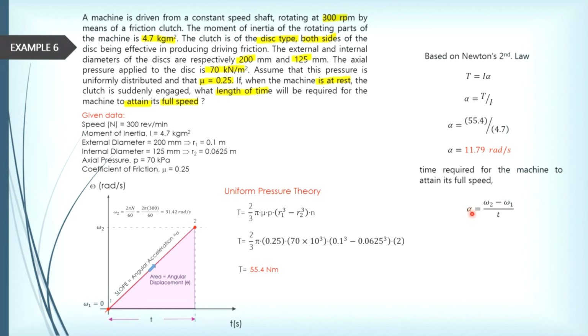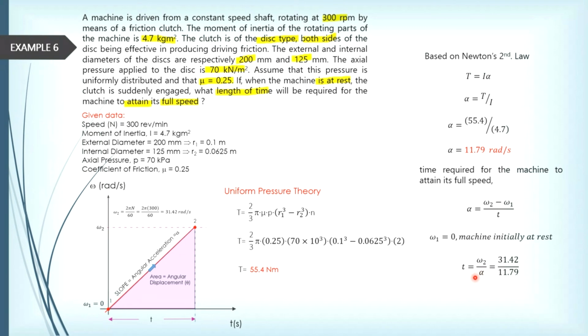You have found alpha, and omega 2 is based on the 300 RPM, converted to radians per second, which is 31.42 radians per second. Omega 1 is 0 because the machine is initially at rest.